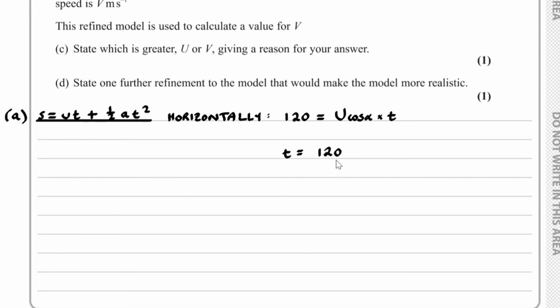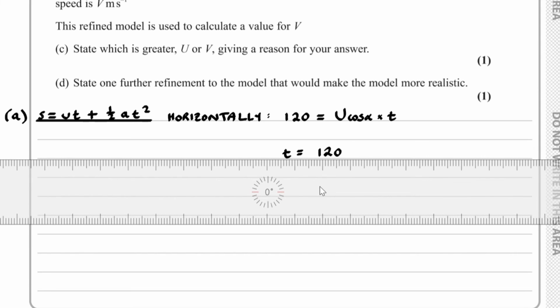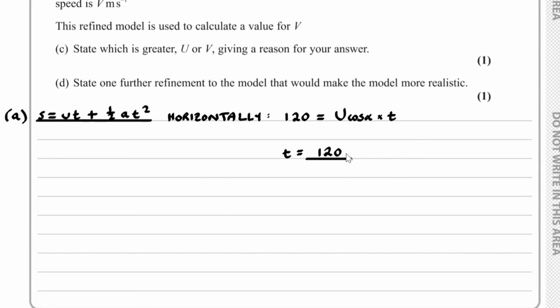T is equal to 120 divided by u cos alpha.